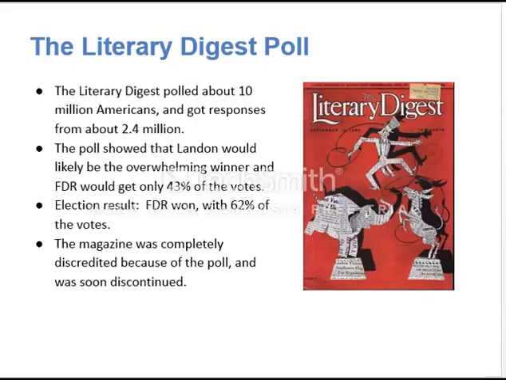They got 2.4 million Americans to respond, which at that time was a large proportion of the American population. Their poll suggested that Landon would be the overwhelming winner over FDR. However, when the election was actually held, FDR won with a landslide.